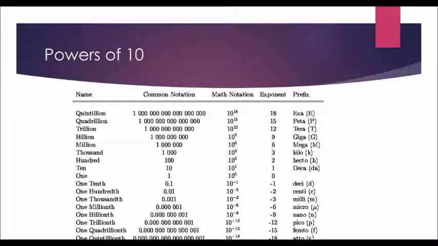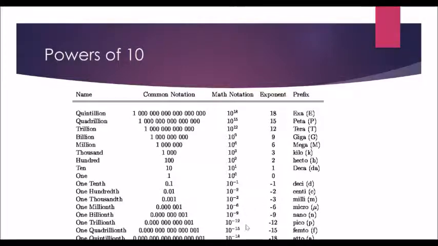I also thought this was pretty awesome over here, the fact that a lot of times we don't know what comes next after the kilogram, but it is mega, giga, tera, peta, and exa. Tera should make sense to you guys because of terabyte. Giga should make sense because of a gigabyte, and mega, again, a megabyte.